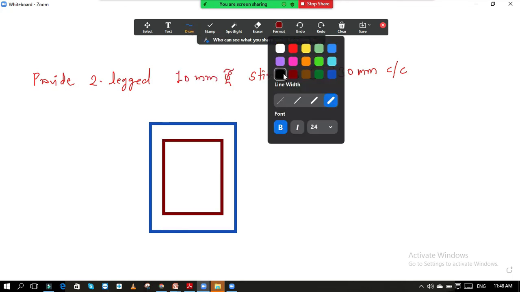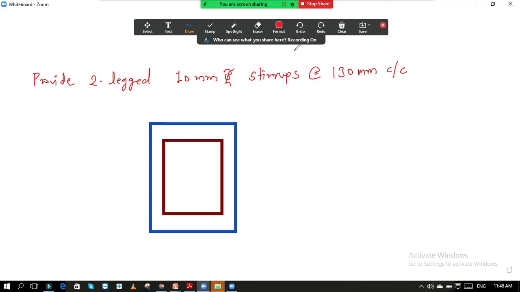So now after the stirrups, we will provide the bars. So here our three bars are there of 20 mm diameter, first, second, third. So these three bars are of 20 mm diameter, and at top again two bars will be there of 12 mm diameter. So these are the two bars at the corners which have 12 mm diameter.